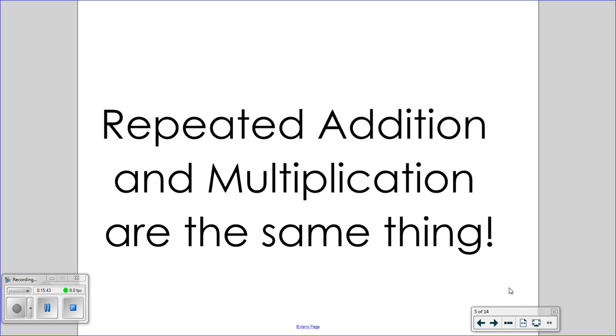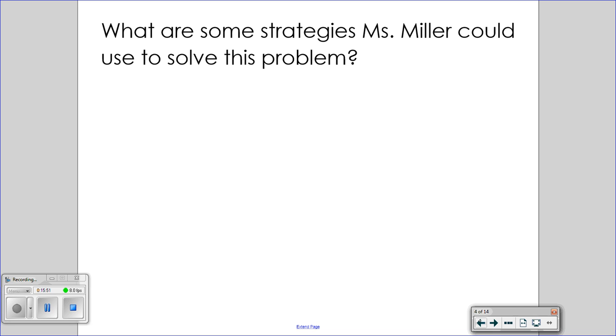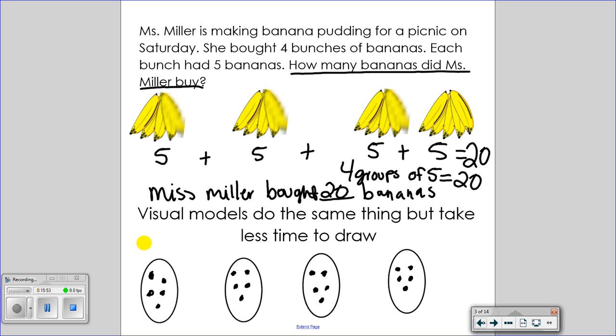So let's go back to our banana pudding problem. And now let's write a multiplication equation. Now I've been tricking you a little bit. You guys have been writing groups of sentences. Groups of is really what times means.